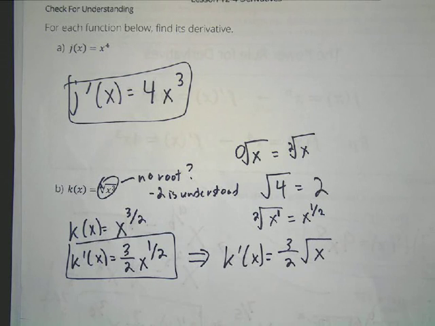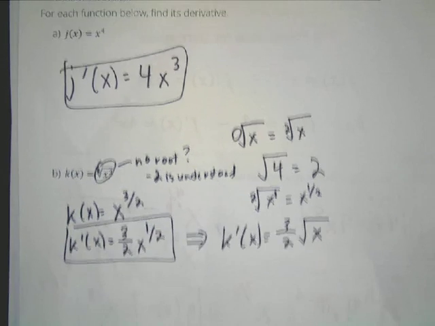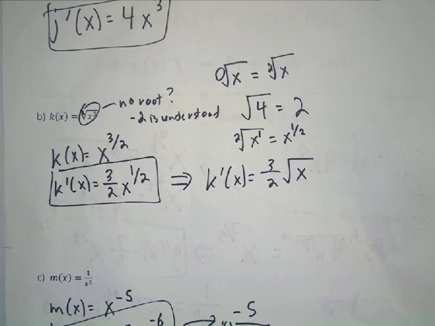Second one, the challenge there was, remember that when there's nothing written on a root, you just assume that it's a what? 2. You just assume that it's a square root. So here, it's x to the 3 over 2, so you put 3 over 2 as the original function. You rewrite it as the fractional exponent.